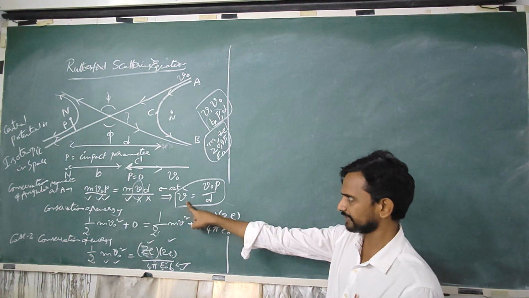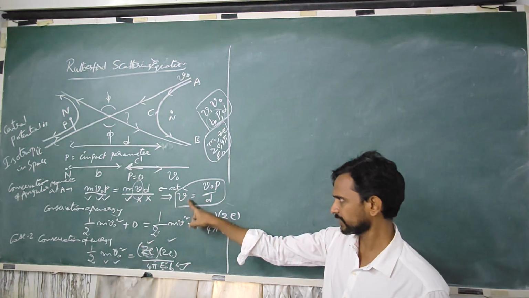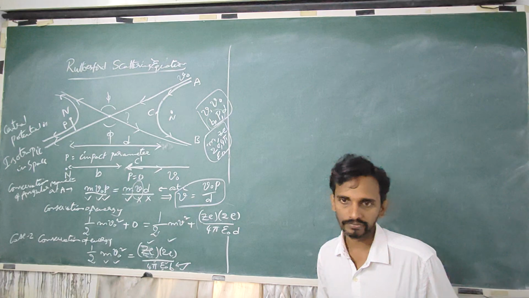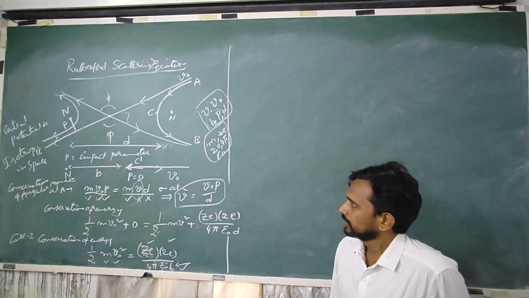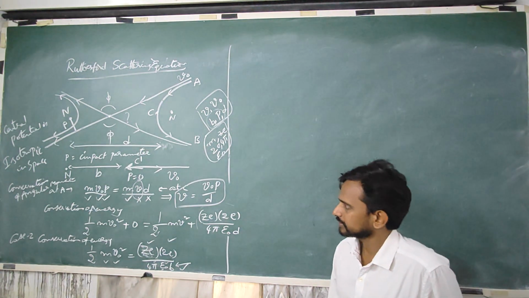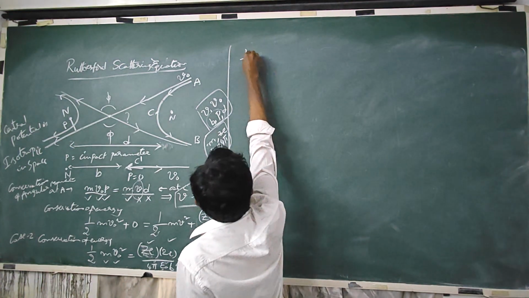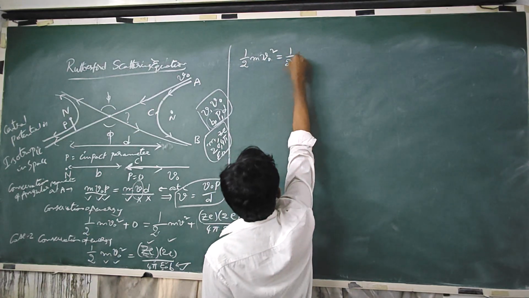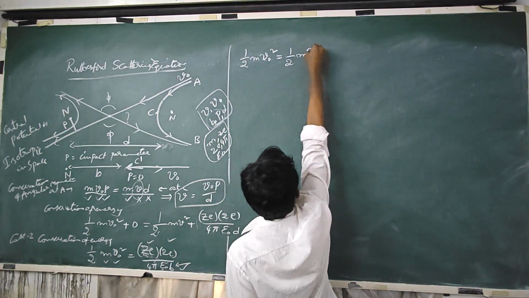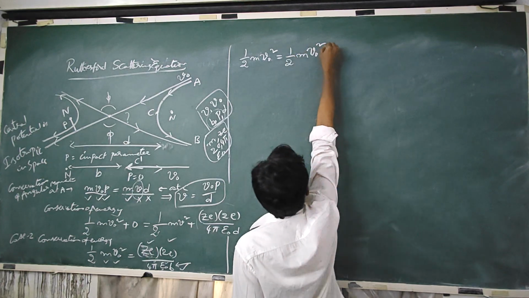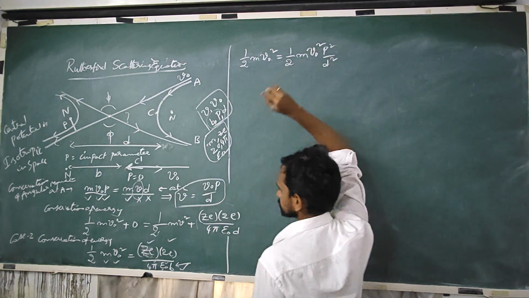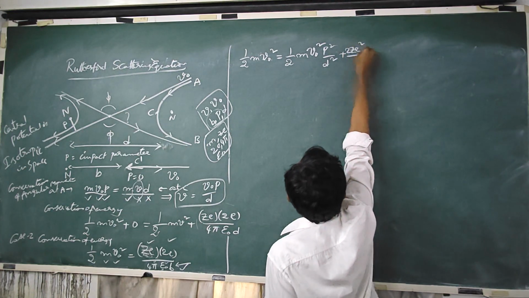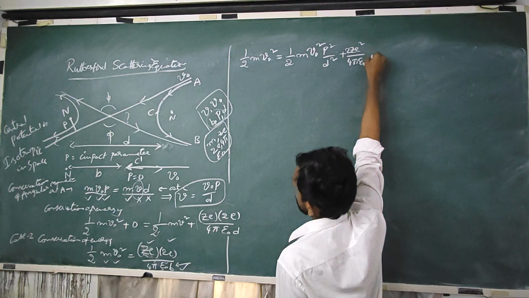First of all, I have eliminated v from here. So I obtained v and substitute wherever I find v. Okay. So what do you get? Half m v naught square is equal to half m v square, which means v naught square p square by d square, plus 2z square by 4 pi epsilon naught d.